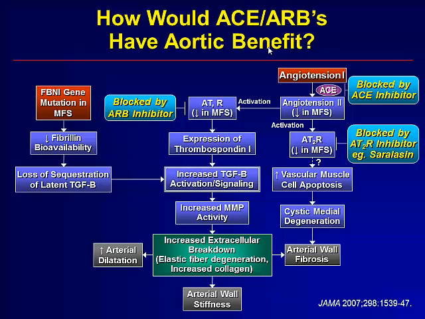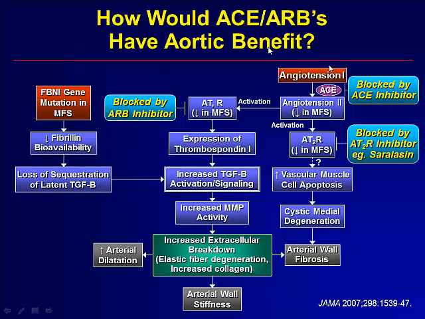Additional therapy with ACE inhibitors or angiotensin receptor blockers is supported by the knowledge that increased TGF-beta signaling is likely the final common pathway affecting metalloproteinase activity, which breaks down this extracellular matrix and the fibers in the aortic wall.